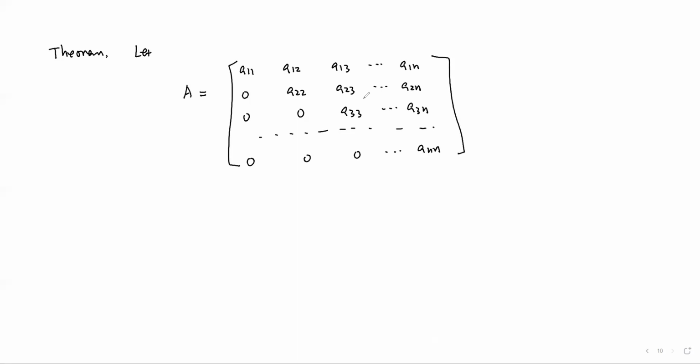Then the determinant of this upper triangular matrix is simple: the product of all the main diagonal entries. It is equal to A11 times A22 times A33 and so on, times Ann.